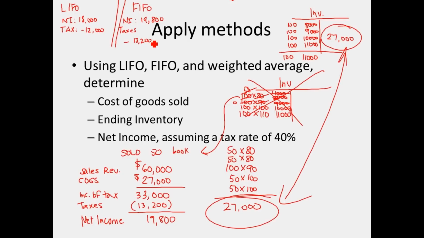So logically and economically, sensible thinkers would say LIFO is the better firm, obviously, because prices are going up. But if the market doesn't see through that and doesn't understand the implications, then it might not be the case. Okay, so let's do weighted average and take a look.